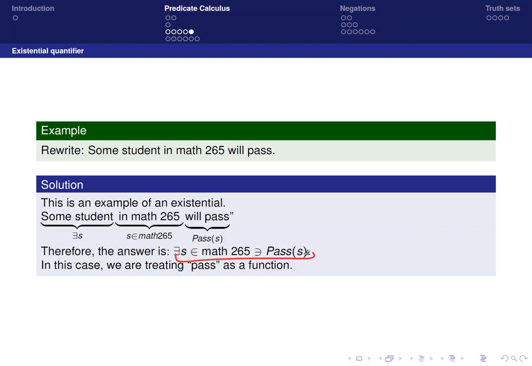In this case, I'm using pass parentheses S, which we're treating like a function basically. So the passing in this case is being treated like a function, and S is the variable that the function accepts, meaning it accepts the student name and it tells you whether the student will pass or not.